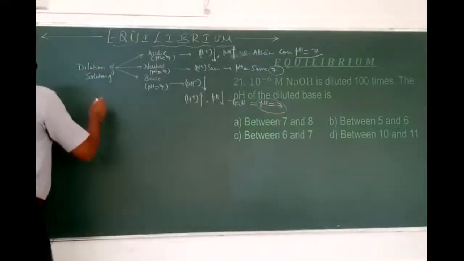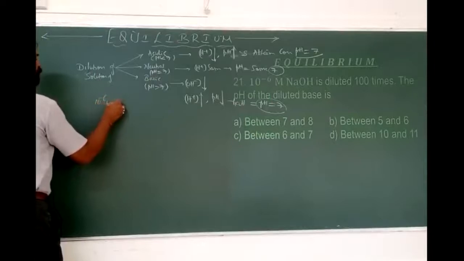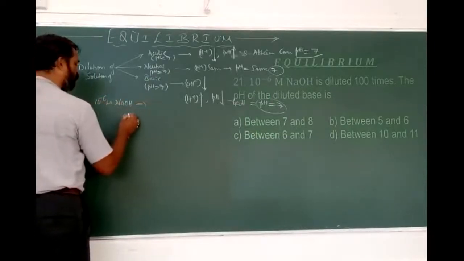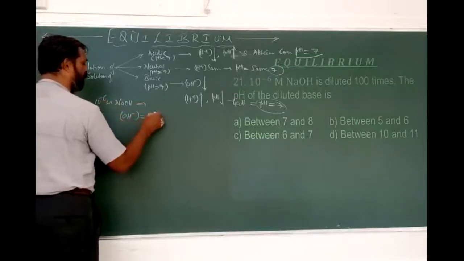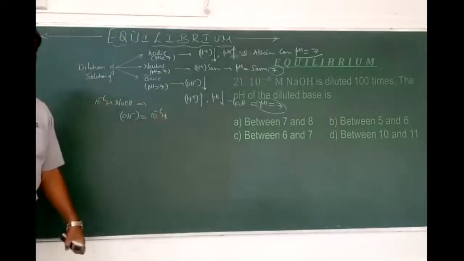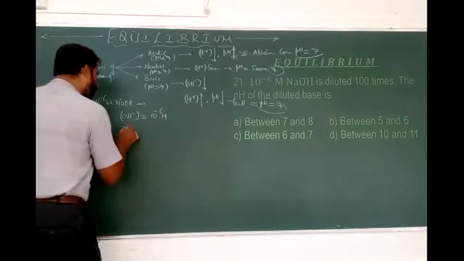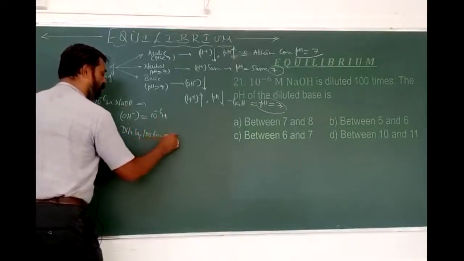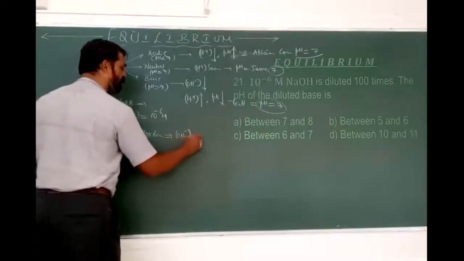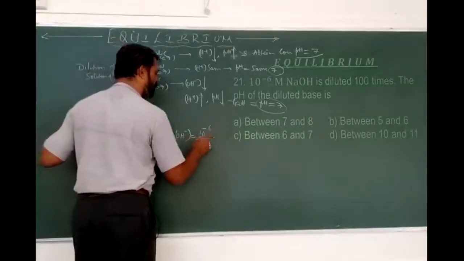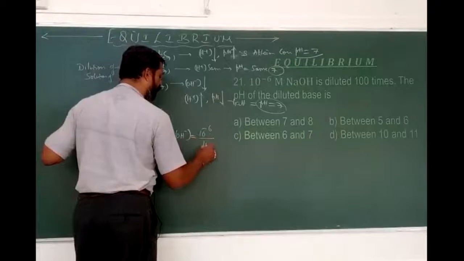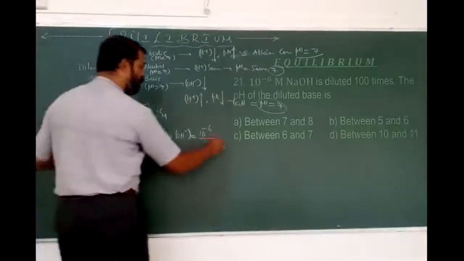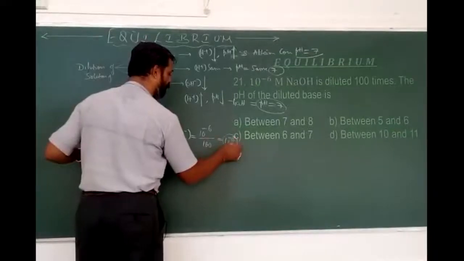A 10 to the power of minus 6 molar NaOH solution implies the OH minus concentration is 10 to the power of minus 6 molar. Dilution by 100 times means the OH minus concentration is 10 to the power of minus 6 divided by 100, which is 10 to the power of minus 8.